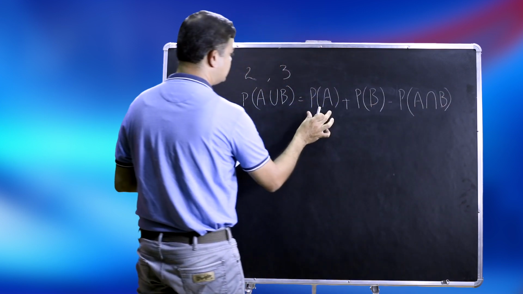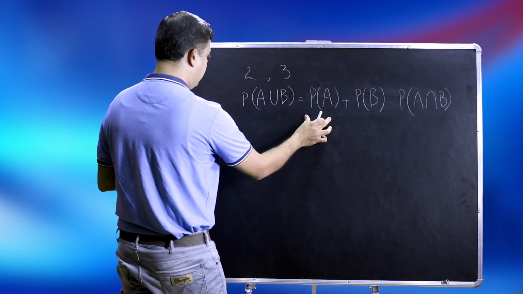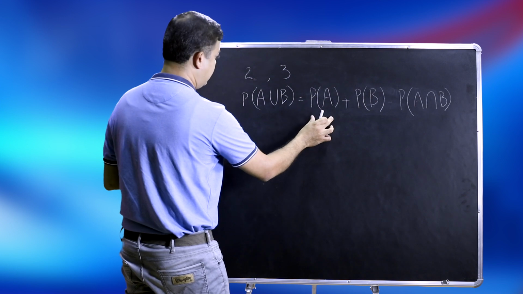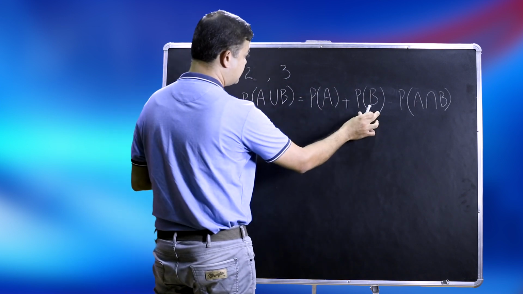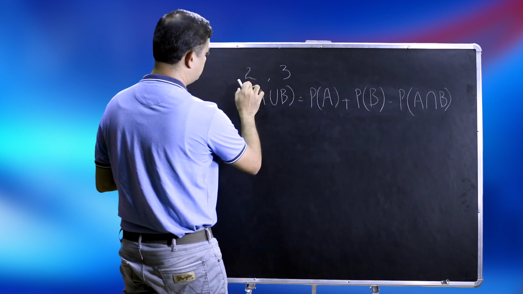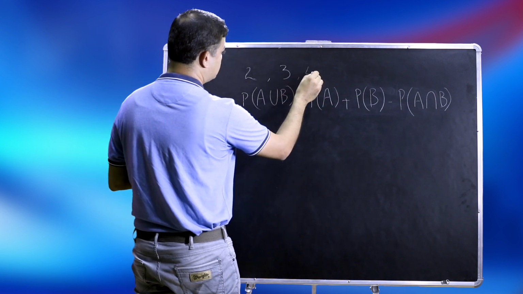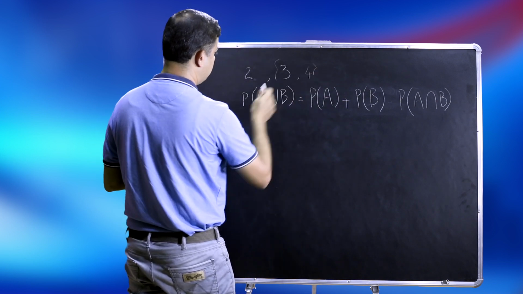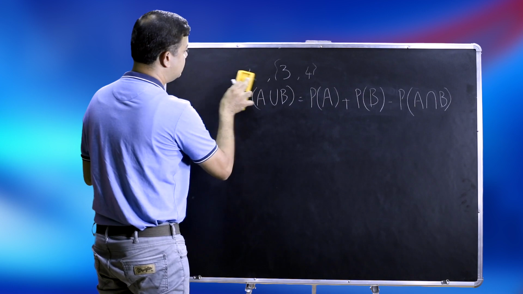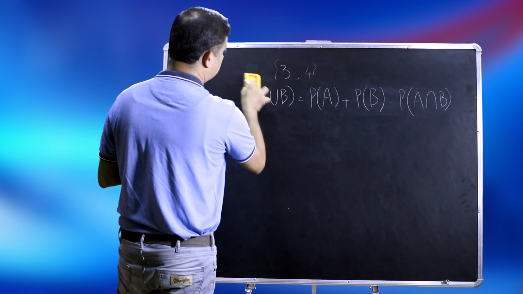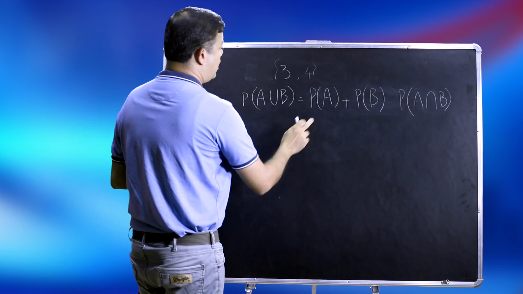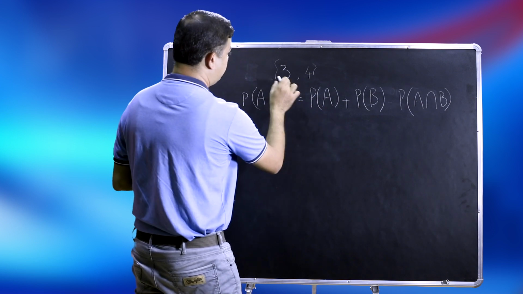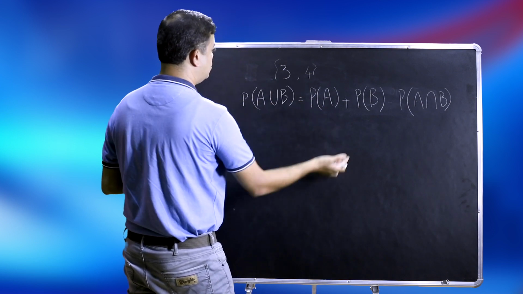So in this case, what is the probability of A? A is that the sum is 3, while probability B is sum is 4. So it's not 2 but it's 3 and 4. So this is what you are getting. How many ways to get 3 in 2 dice?